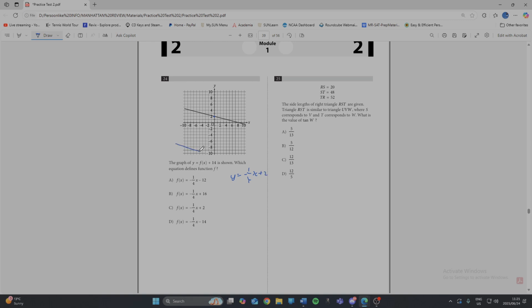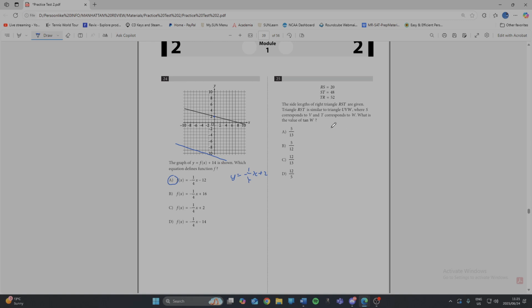It makes sense that it would be somewhere around here, negative 12. So A would be the correct answer in that case. You just have to imagine that the original equation was 14 lower, and that would make some logical sense.